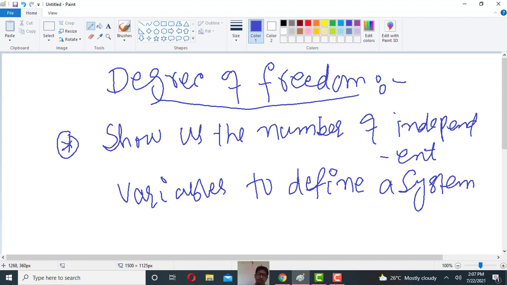It shows the number of independent variables which completely define a system.